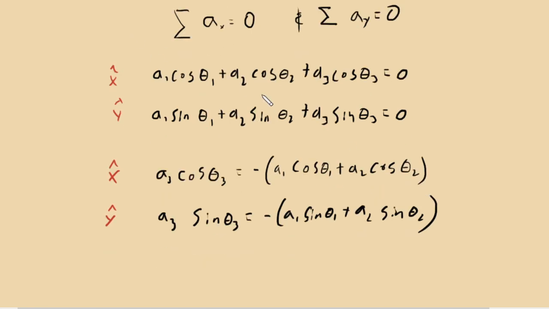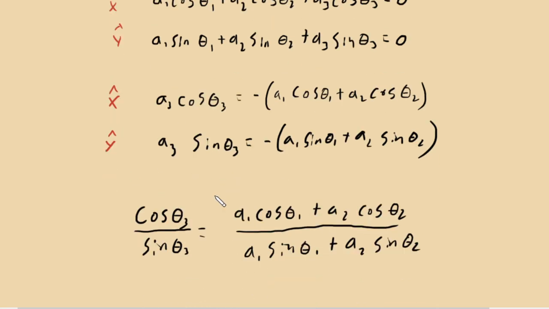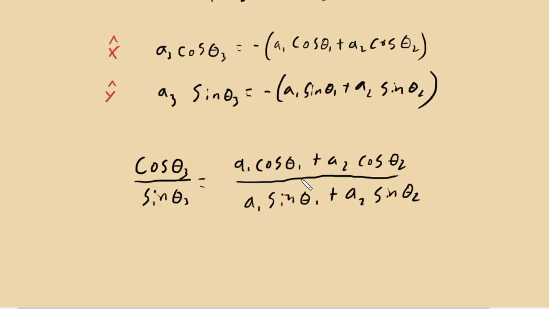Then we can solve for a3 times the cosine of our third component from mass 3, just moving our first two terms over, and we can do that for x and y.